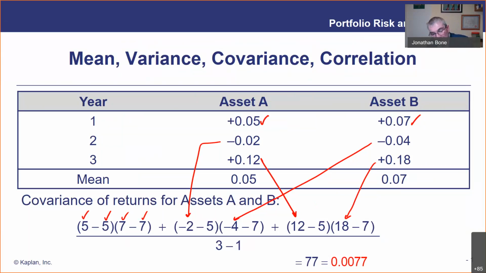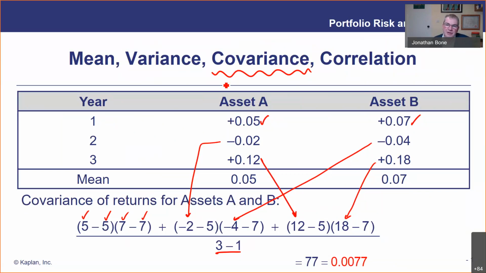And then on our denominator, we're taking, again, n-1, number of paired observations -1. And that gives us a result of 77. Again, if we'd done it as a decimal, we would have got the more correct answer of 0.0077. Okay. And that is our covariance.